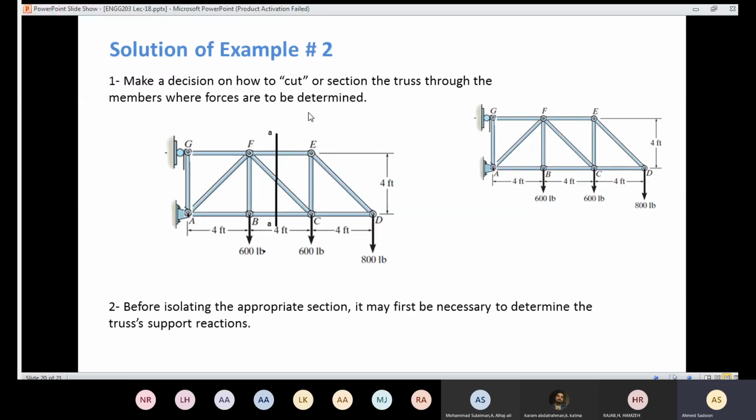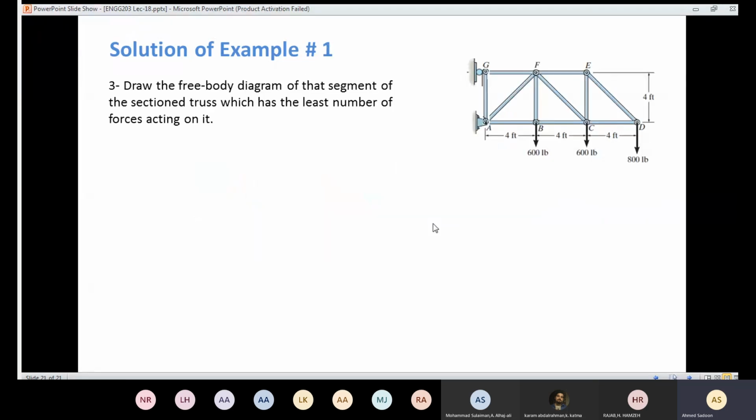So if you choose the right part, then we skip the step where it's necessary to determine the support reactions. Since we are going to take the right part here, I'm not going to determine the support reactions, and the problem is going to be more simplified.